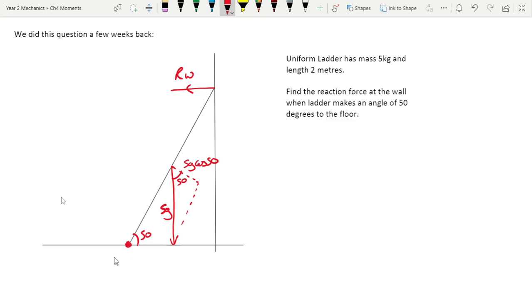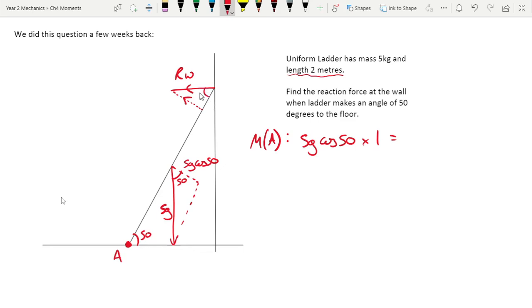All we're going to do is just take moments about, let's call it point A. So I've got 5G cos 50 times the length of 1, because it's halfway up this ladder, of length 2 meters. And that equals, and it's got to be the perpendicular component, so that bit there.